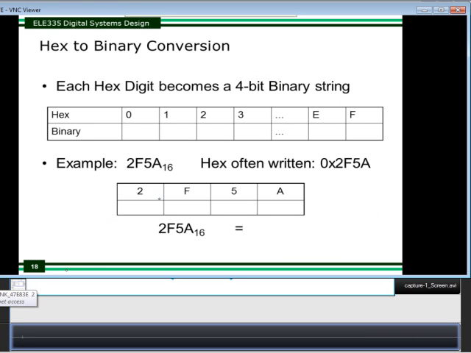So hex to binary is fairly easy. Every hexadecimal character represents 4 binary characters. So we can simply go through, as we did with octal, assigning a 4-bit binary value to each hexadecimal character.